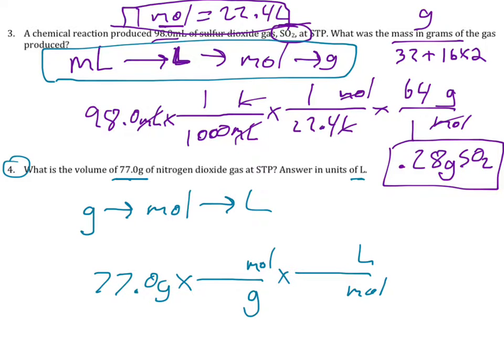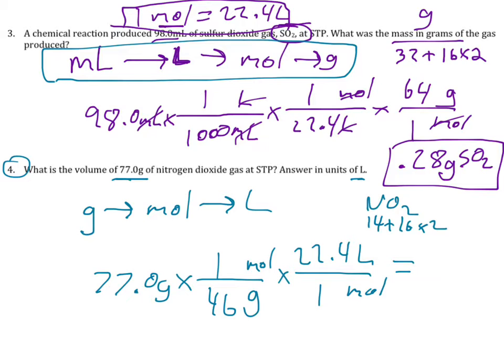And it's nitrogen dioxide, that's NO2, so we can figure out the molar mass of that. We know that 1 mole of nitrogen dioxide is going to be, well, this is 14 plus oxygen is 16 times 2. And so that is 46. And then we know that 1 mole is 22.4 liters.